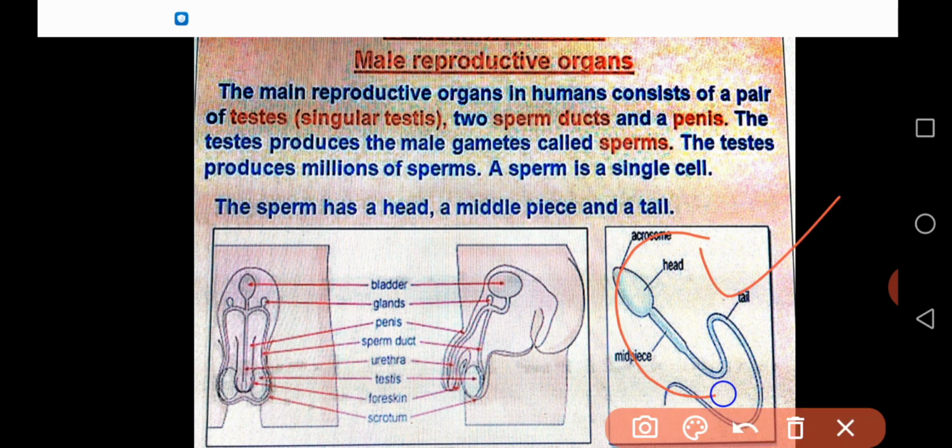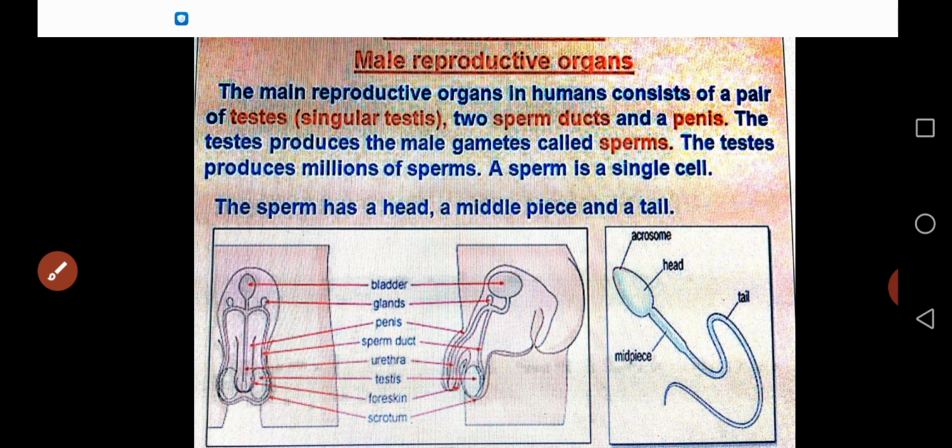This is the structure of the sperm. The female gamete is what we call egg or ova. Both male and female gametes are involved in the fusion, and finally they form a diploid zygote. That type of reproduction is what we call sexual reproduction.